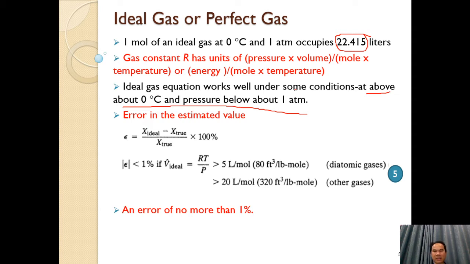The error is (x ideal minus x true) divided by x true, multiplied by 100%. Diatomic means 2 atoms. So if V ideal is greater than 5 liters per mole for diatomic, or greater than 20 liters per mole for other gases, we can assume the gas is ideal.